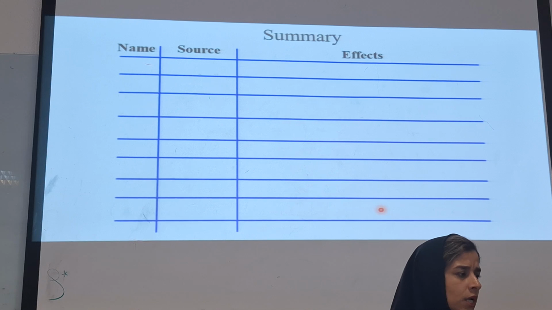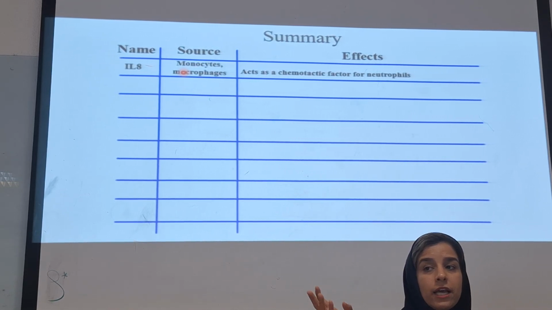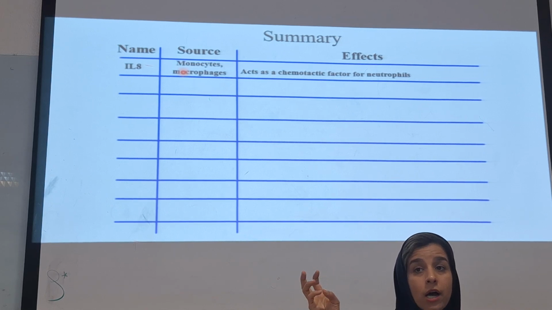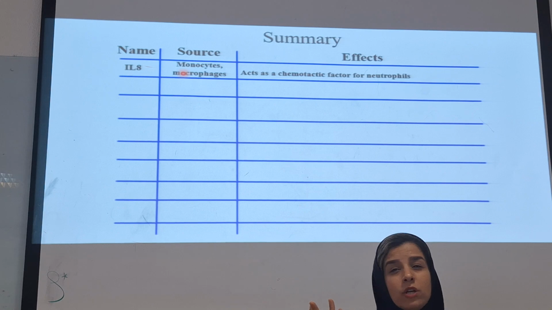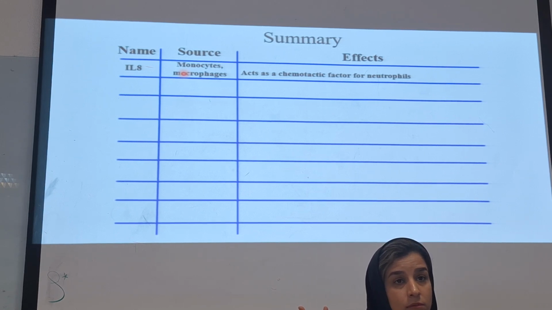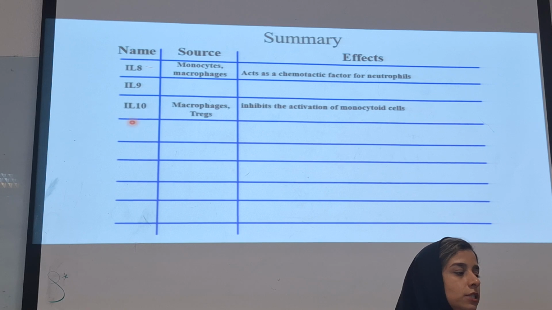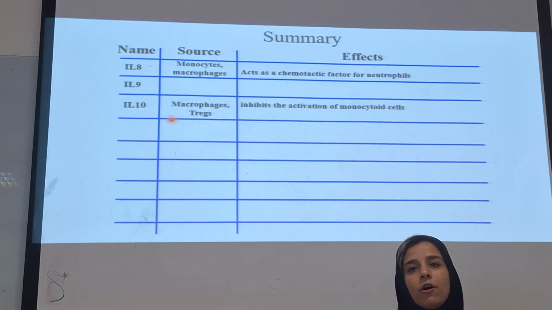Okay. And what about interleukin-8? Interleukin-8 is a type of chemokine. Okay, and is very important for recruitment of which immune cell? Neutrophil. Yes, thank you. And what about interleukin-10? T regulation. Bravo.